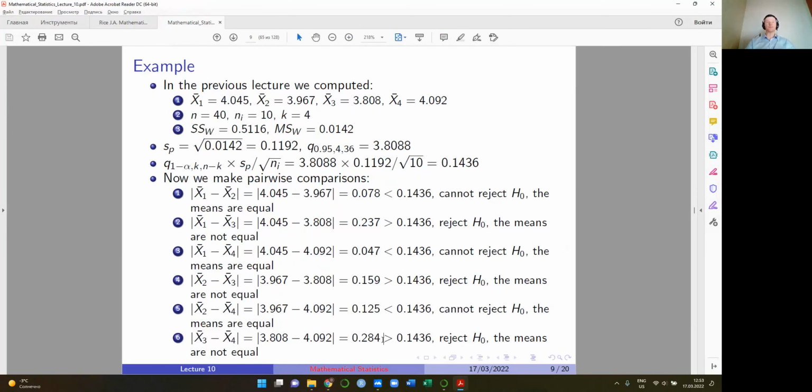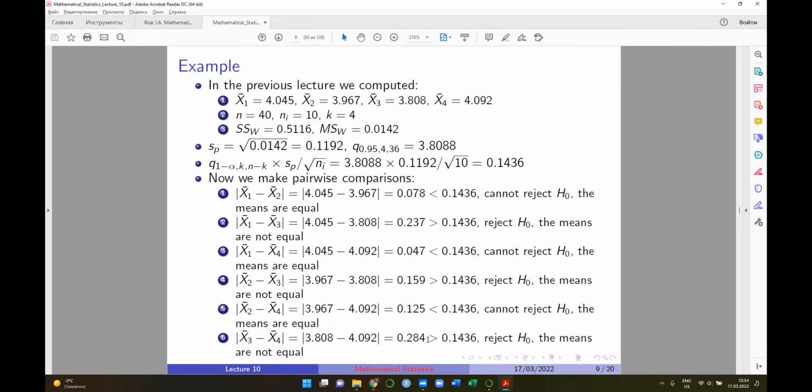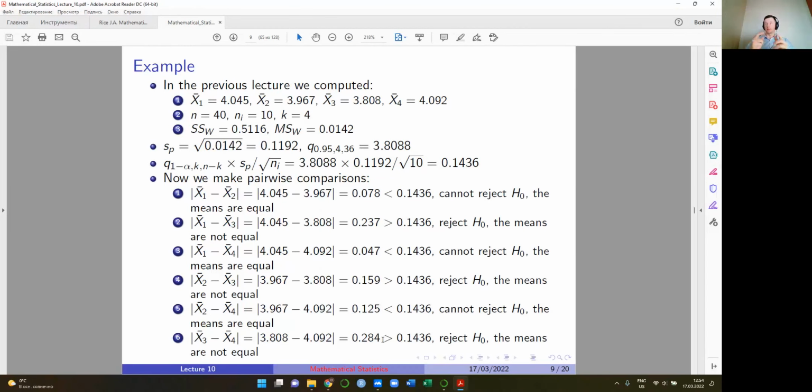That's simple. So we start with ANOVA, and with the help of ANOVA, we conclude that means are not equal. And while we have this result, while we reject the null hypothesis in ANOVA, we come to the Tukey test.